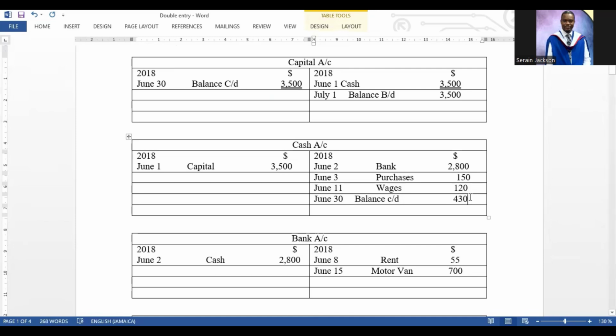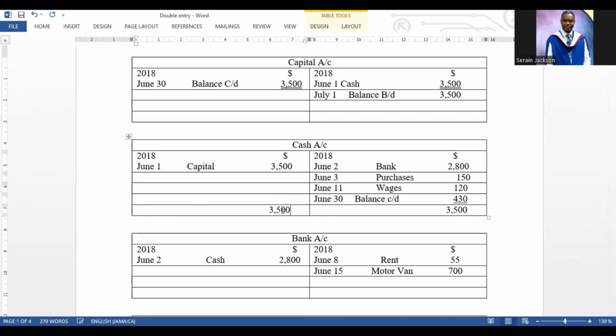Now, the fourth step is to total both sides. So this side would now be equal to 3,500. You can add it up and check it if you want. This side now is equal to 3,500.